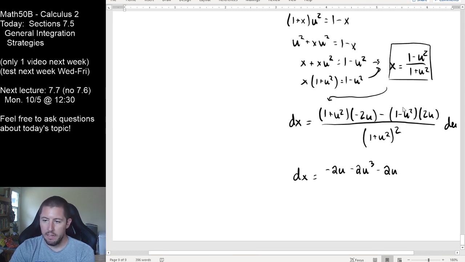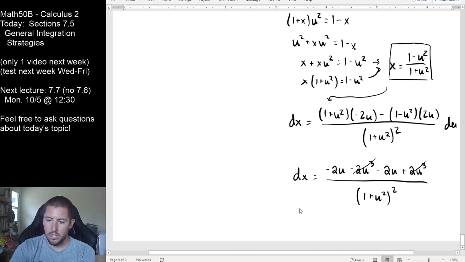Negative and negative is positive, so I get a positive 2u cubed right there, all divided by 1 plus u squared squared. And the nice thing is, cancel, cancel. So it looks like dx is negative 4u over 1 plus u squared squared.